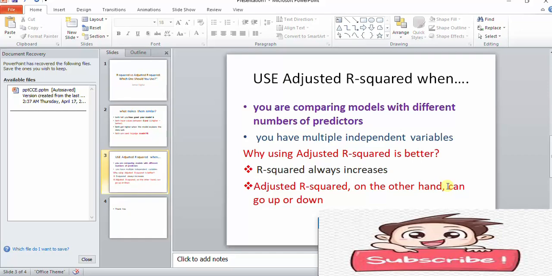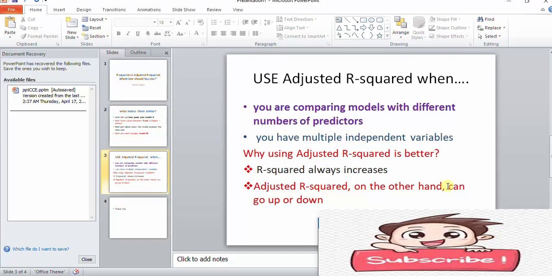If the researcher is comparing models with different independent factors, for example, one model will have 5 independent variables and the other will have 6, or even an equal number of independent variables but different independent factors in the different models. So in this case, when you are comparing two or more models, you have to use adjusted R square.